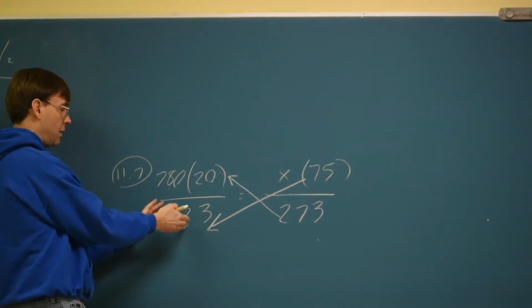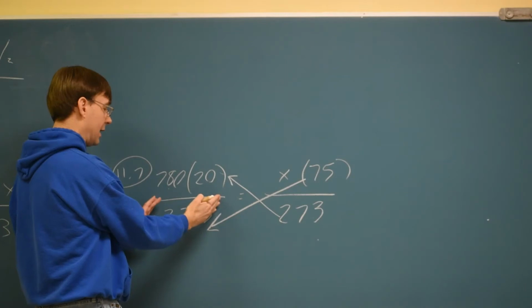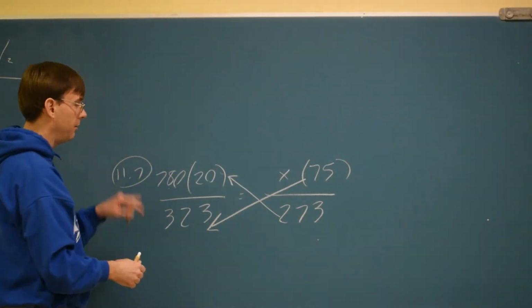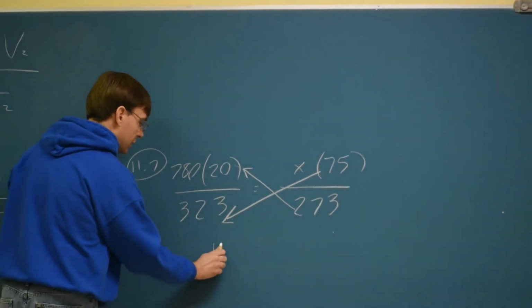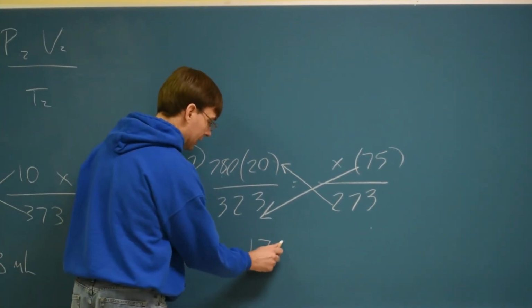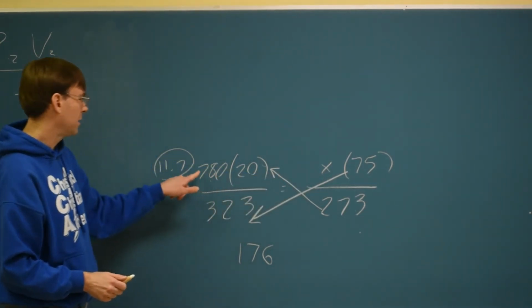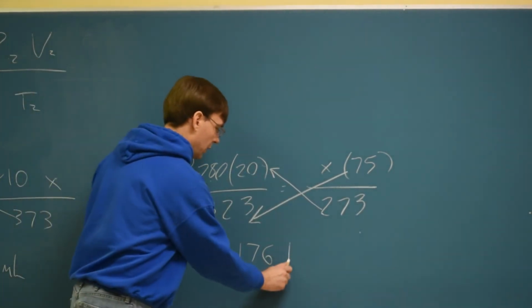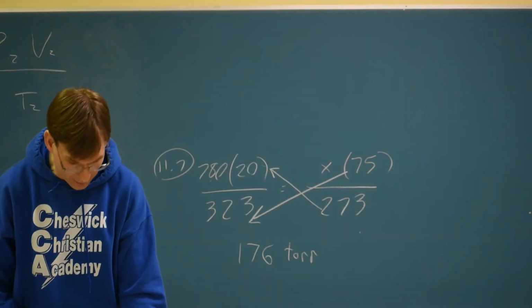Divide by 323 for the bottom. Divide by 75 also. I hit the divide key twice because there's 2 things on the bottom. Hit enter. Screen reads 17 and whatever it is that rounds to 6. And then this unit has to match what the 780 was, which is torr. And then we're good for that.